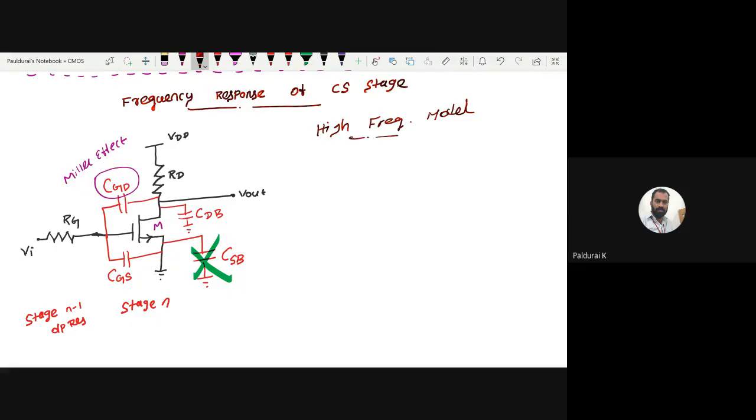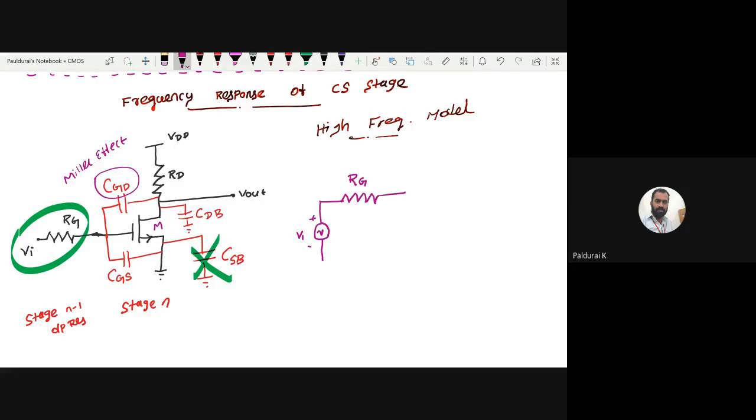Okay, just listen to me carefully. In order to sketch the high frequency model, as usual, I want to start from the input side. So at the input, I have this VI plus minus, it is an AC signal. Then I have this RG.